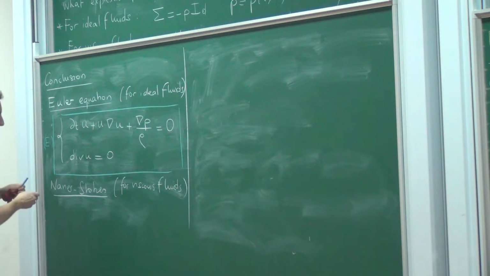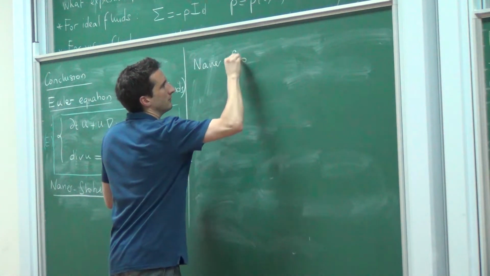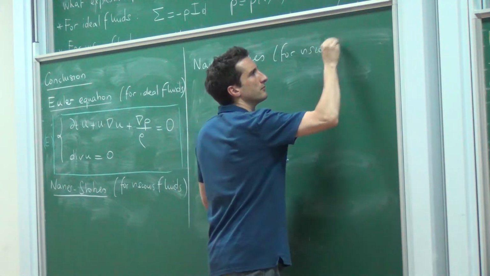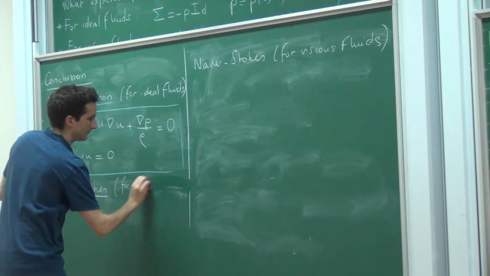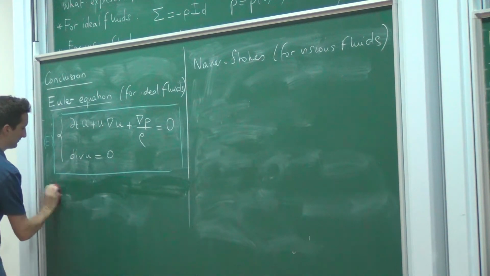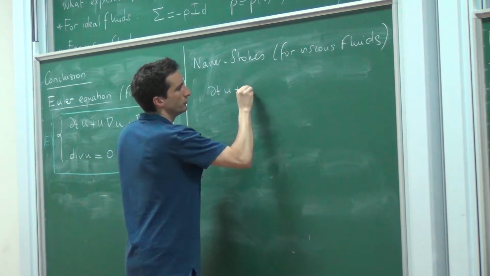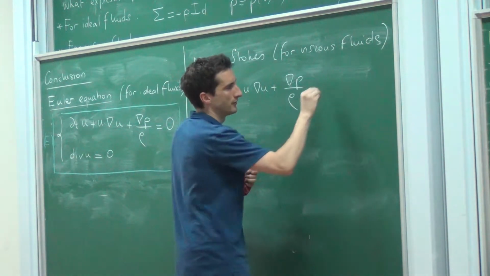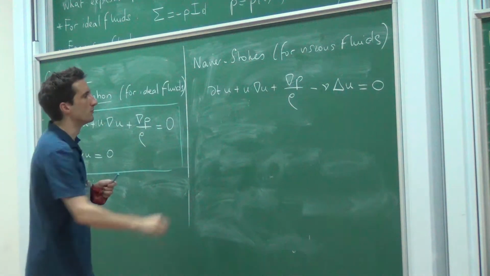So for Navier-Stokes, you have dtu plus u dot grad u plus pressure gradient minus some viscous term, that's minus mu delta u.